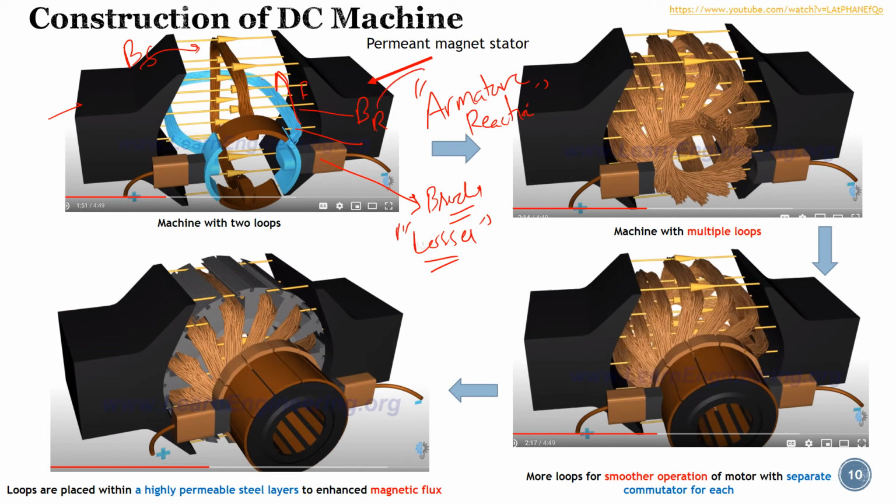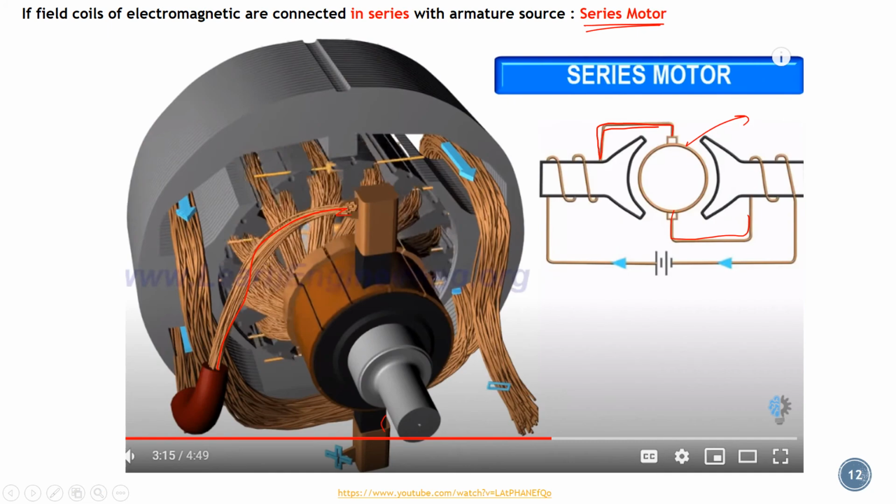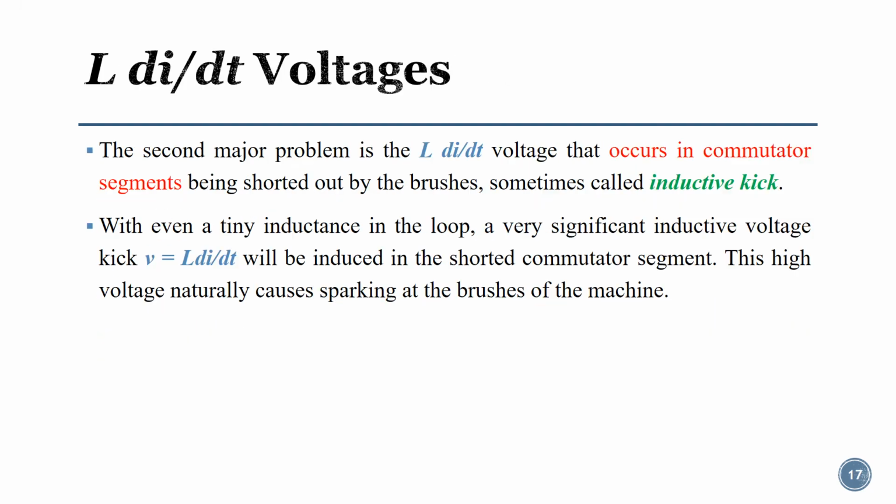If you remember, we get the net magnetic field, and due to that net magnetic field we get the induced torque, which rotates this armature coil. This phenomenon is called armature reaction. Armature reaction affects the normal operation of DC motors. These are just some basic issues with DC motors.